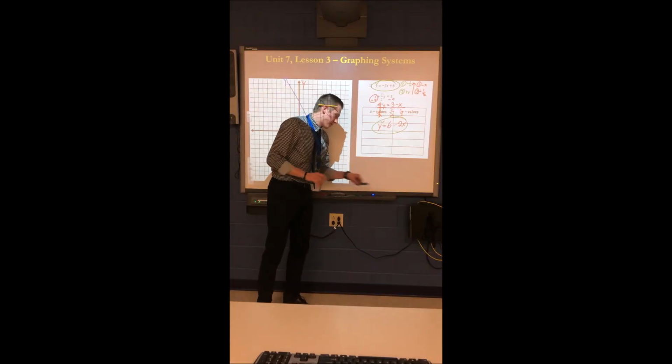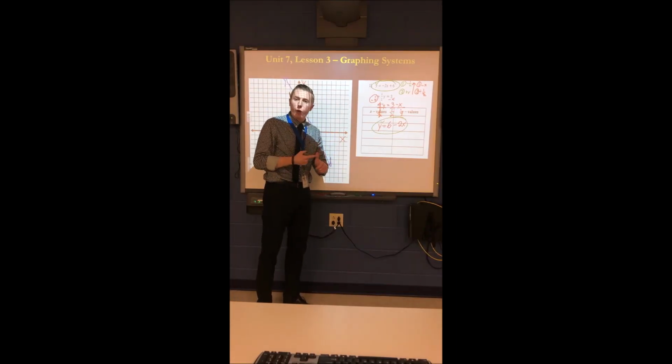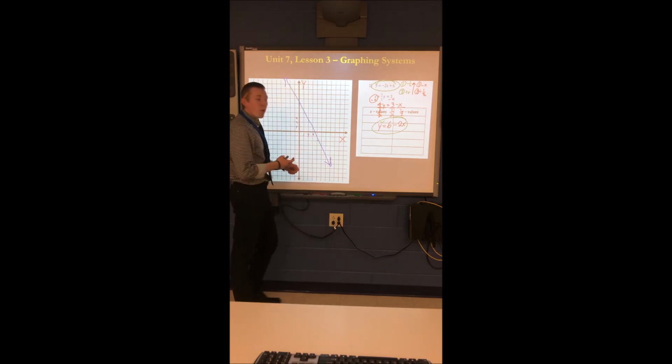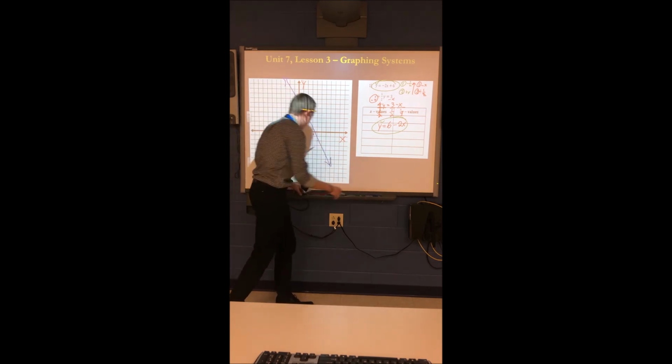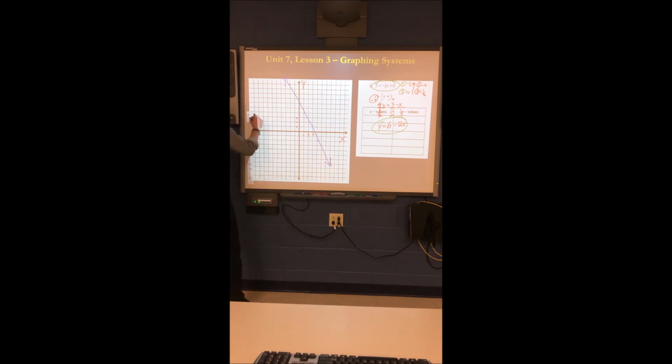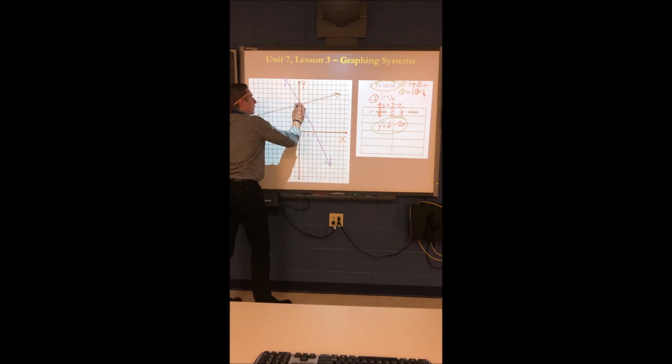Final thing: once you have all of the equations graphed, I want you to find where they intersect. For example, I'm going to sketch another random line on this graph. The intersection point is right here. I'll put it in green.